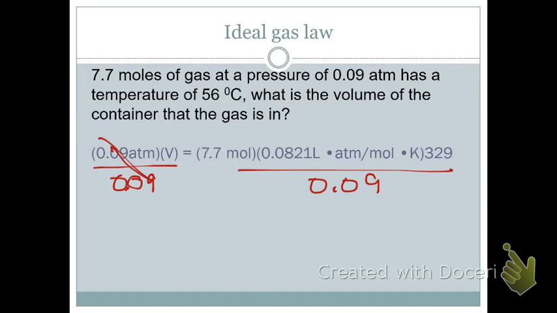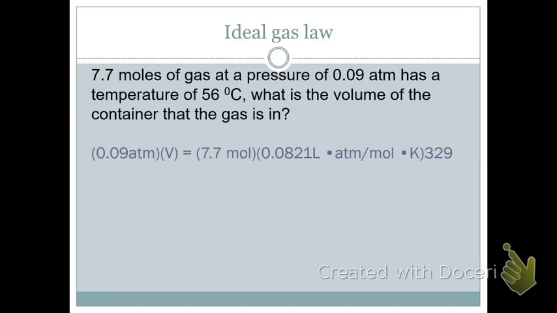So you have open parentheses 7.7 times 0.0821 times 329 close parentheses divided by 0.09. Press the equal sign for your volume, and your volume for this is then going to be 2311, and it's in liters because volume has to be in liters for the ideal gas law.